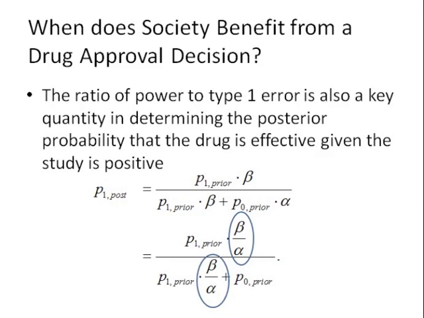So with this notation, the first line of this series of equations is just a statement of Bayes' rule for calculating the posterior probability that the drug is effective. And the second line of the equations is just a re-expression by dividing both the numerator and the denominator by alpha.